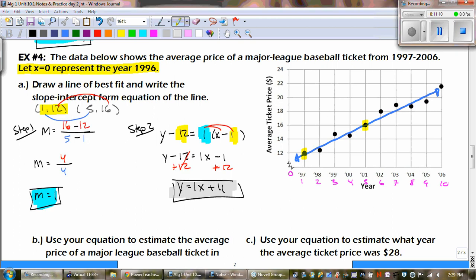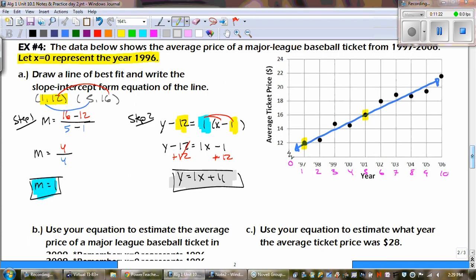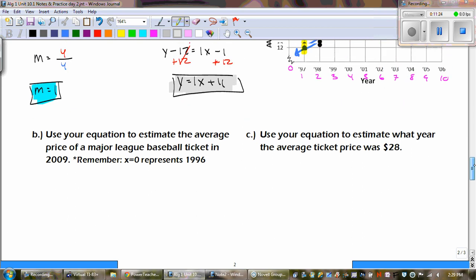Okay, so I got my slope is equal to 1. And then after plugging it into the point slope equation, we got y equals 1x plus 11. Okay, so as I'm getting ready to go through these two right here, I want to remember 2 things. I need to know, what does my x represent and what does my y represent?